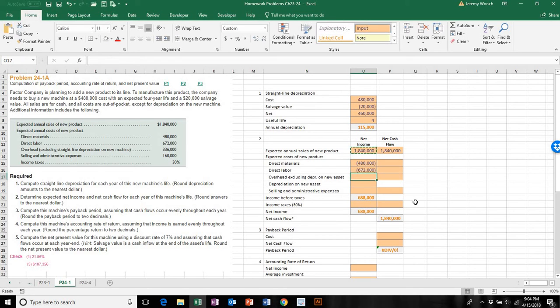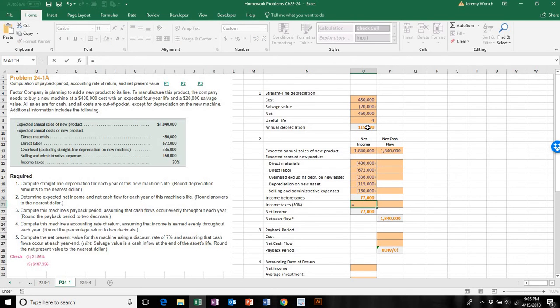Direct labor $672,000. Overhead, not counting depreciation, is $336,000. Depreciation on the new machine we just calculated at $115,000. And then we have selling and administrative cost of $160,000.